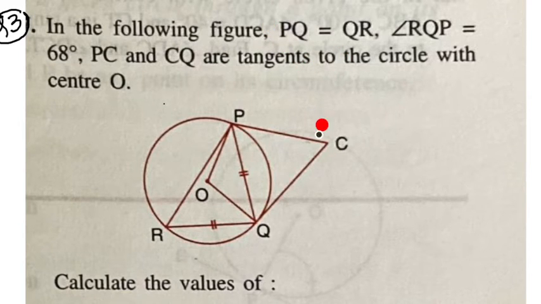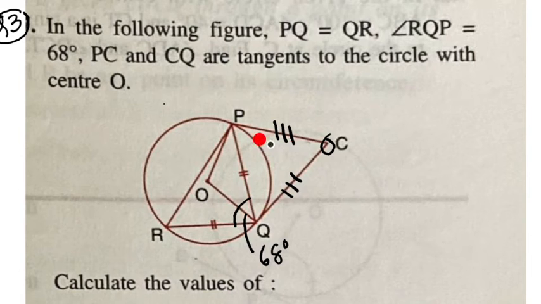We have PQ equal to QR. Angle RQP is given as 68 degrees. PC and CQ are the tangents, which means these two will be tangents from external point C. They are going to be equal.